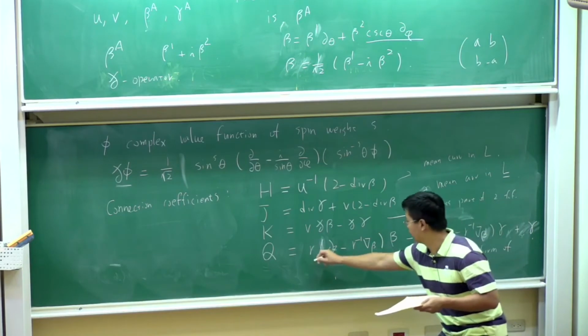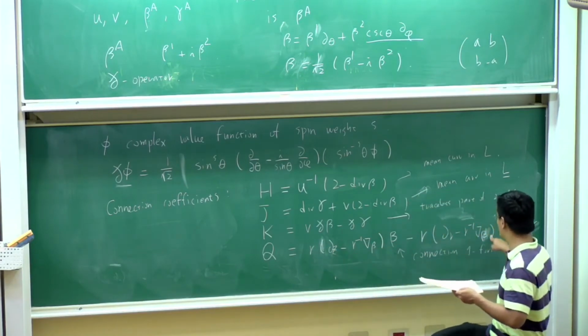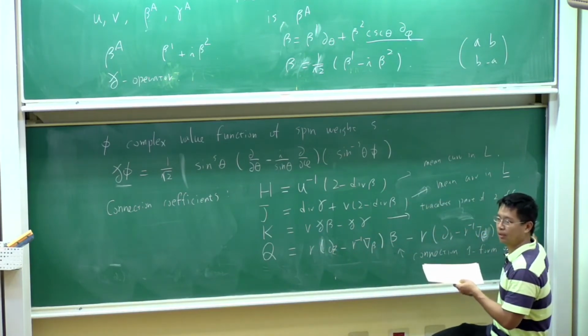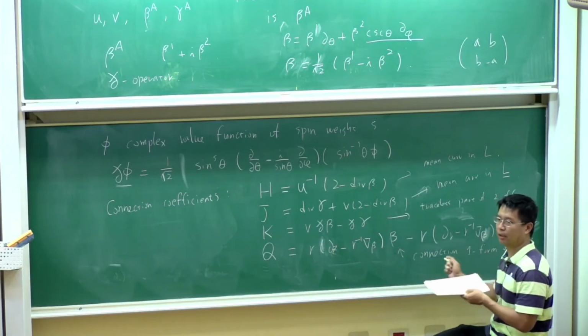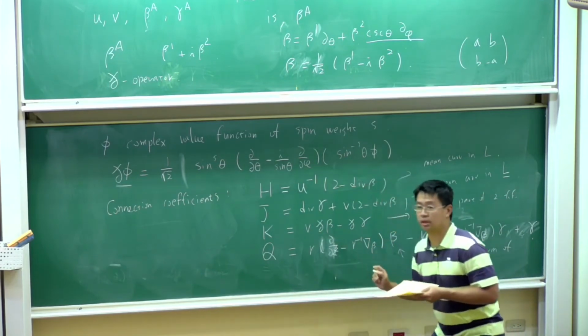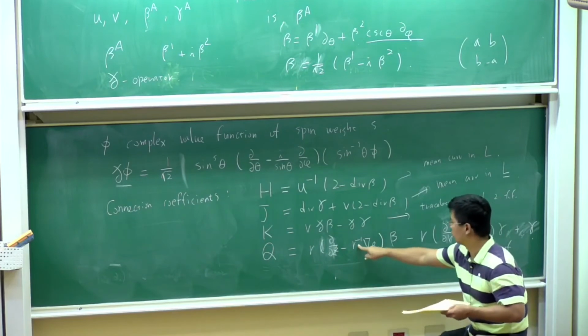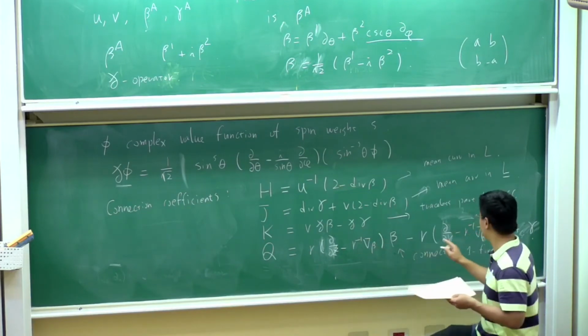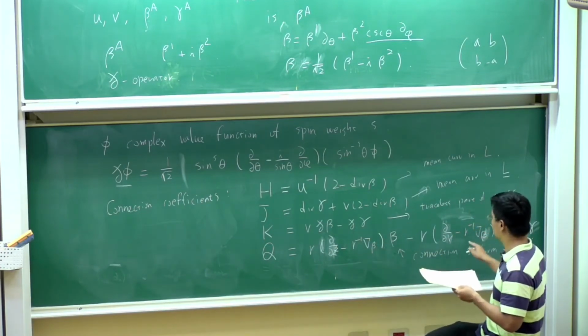So this operator applies to beta minus this operator applies to gamma plus gamma. What is the D_DR? This is D_DZ minus R to the minus 1 gradient beta, D_DR minus R to the minus 1 gradient beta applied to beta.